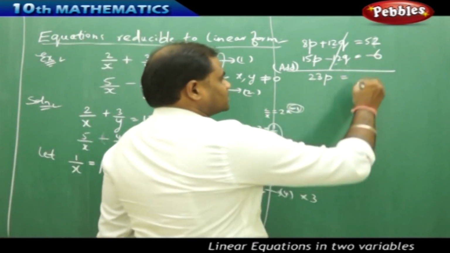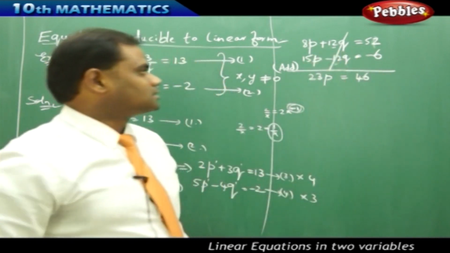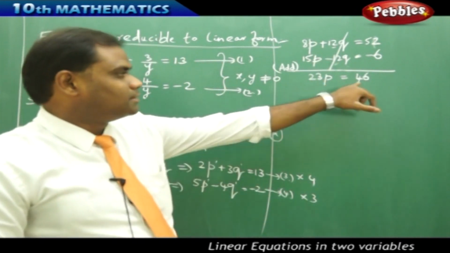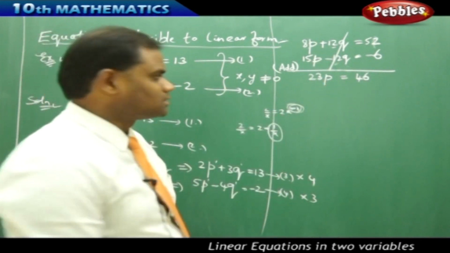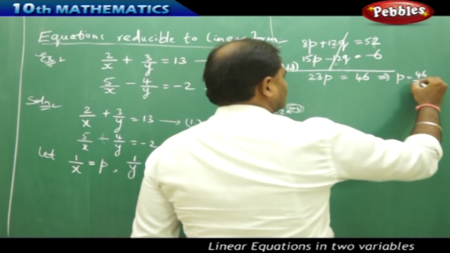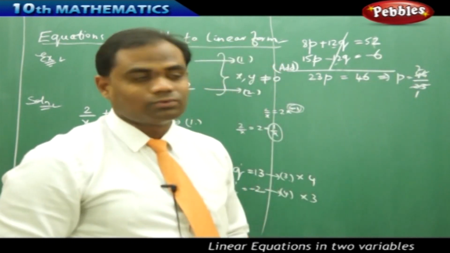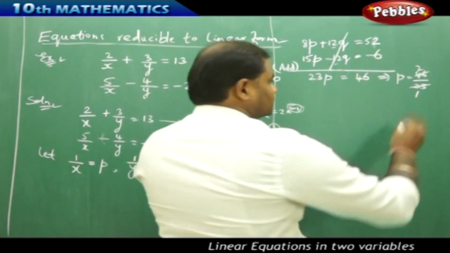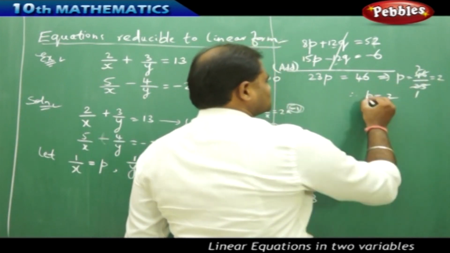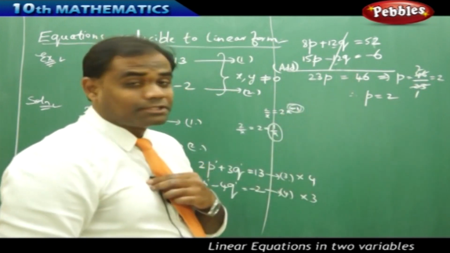And 52 minus 6 would give me 46, and with this I get 23p equal to 46, which in turn gives me the value of p as 46 over 23. 23 times 2 is 46. Therefore, I get the value of p as 2.